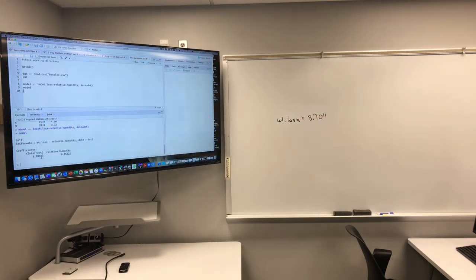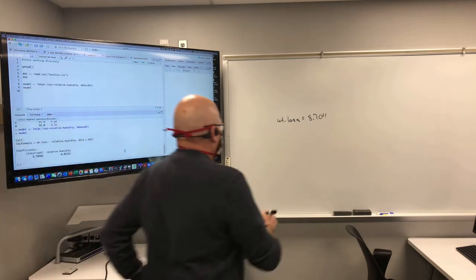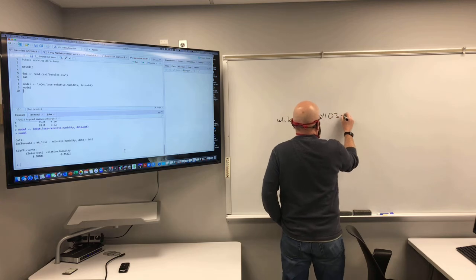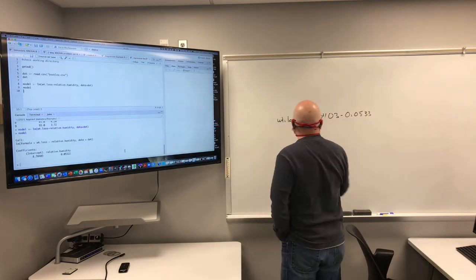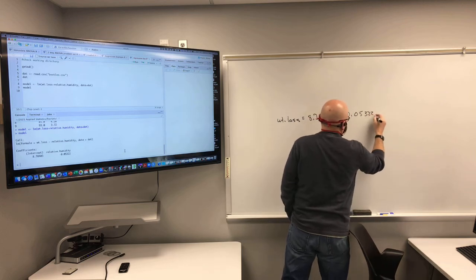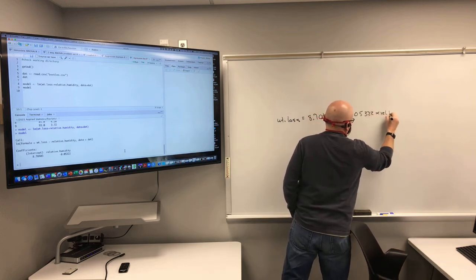Helps if I don't put my cursor over the thing I'm looking at. Minus 0.0533322 times relative humidity.